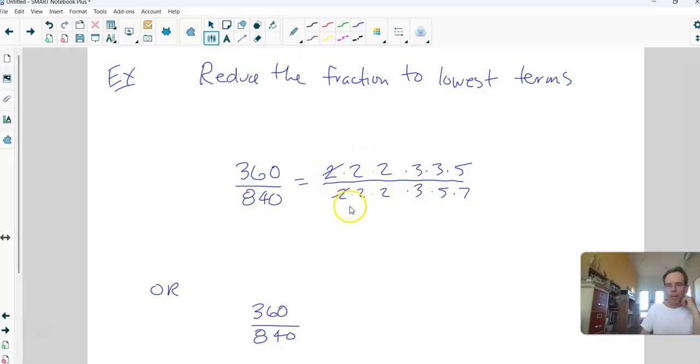We see a pair of 2s top and bottom, a pair of 3s. We see that there are 5s top and bottom. What's left? 3/7. That's the simplified version of 360 over 840.